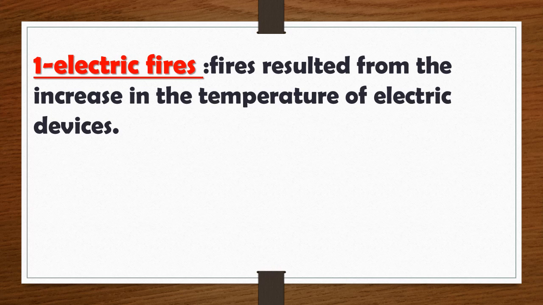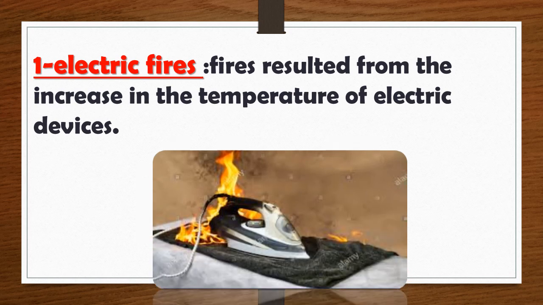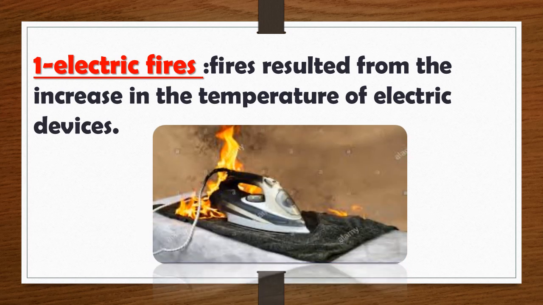Electric fires. Now we will talk about the first injury. The first direct injury is the electric fire. Electric fires are fires resulting from the increase in the temperature of electric devices. So what are the causes of electric fires? Let's know.